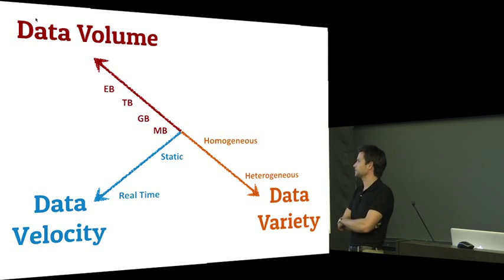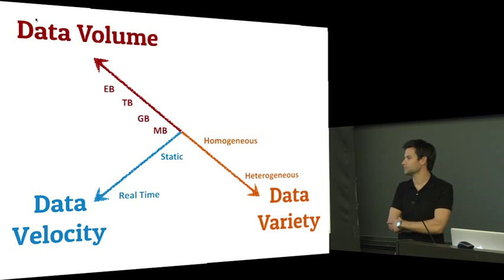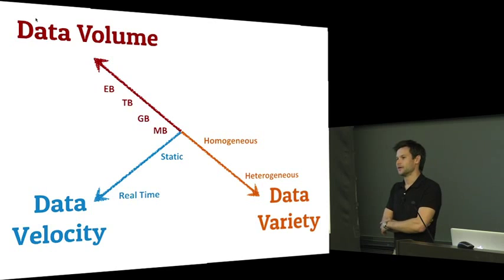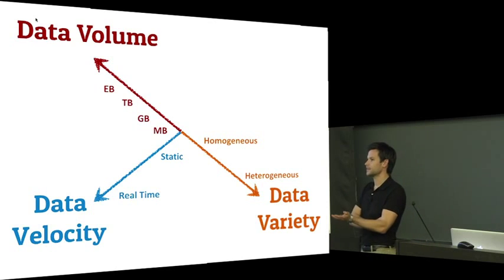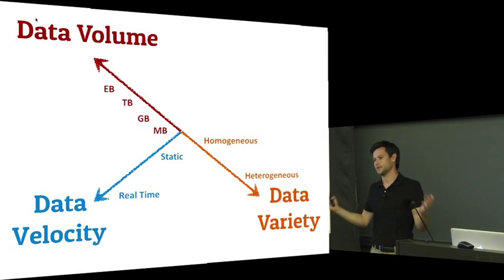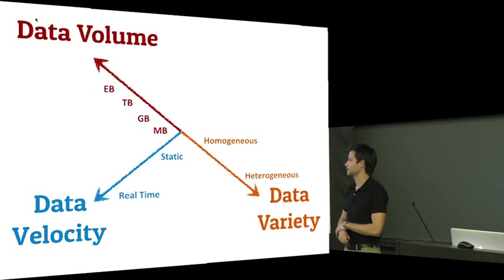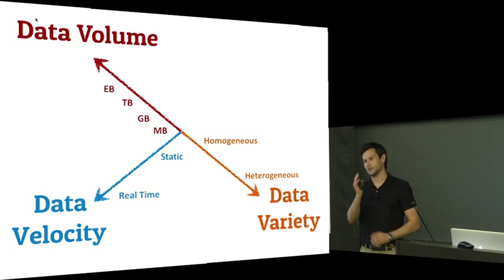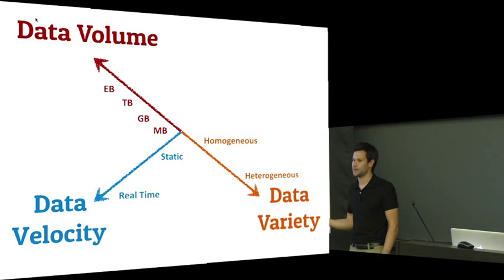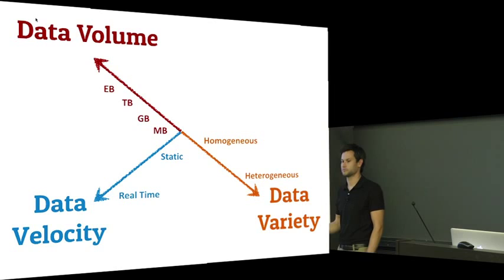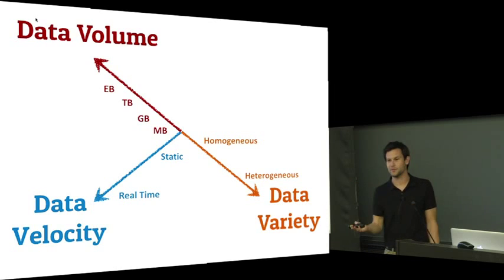The third V is data variety. For my research, this is probably the most interesting one, I have to say. It's about homogeneous data versus heterogeneous data. In homogeneous data, if you take a table, and all the columns have the same type, then you just represent them using a heat map, for instance.